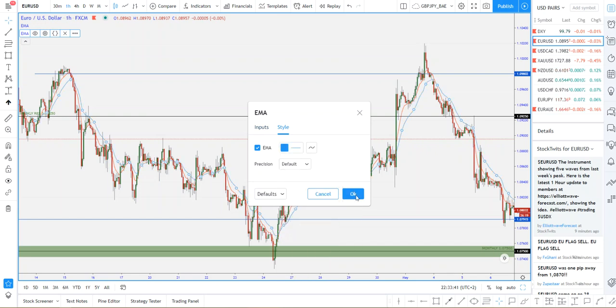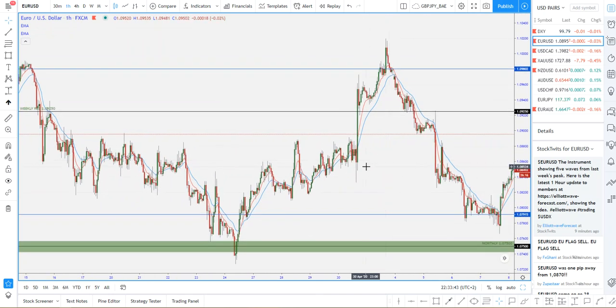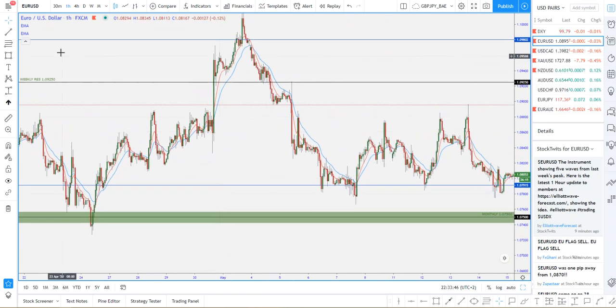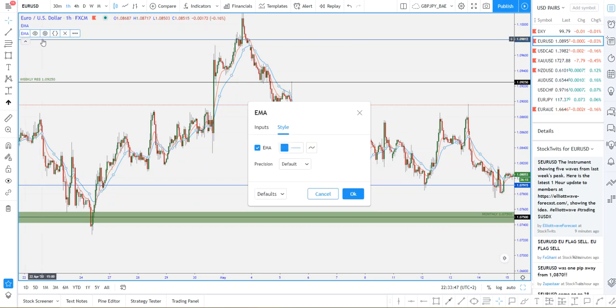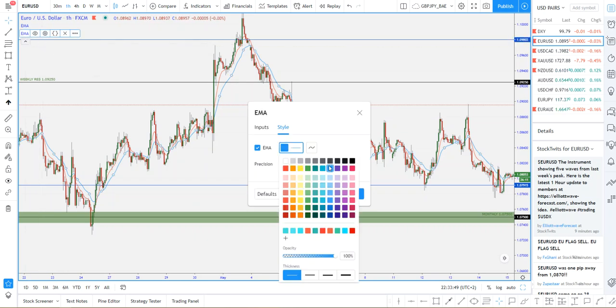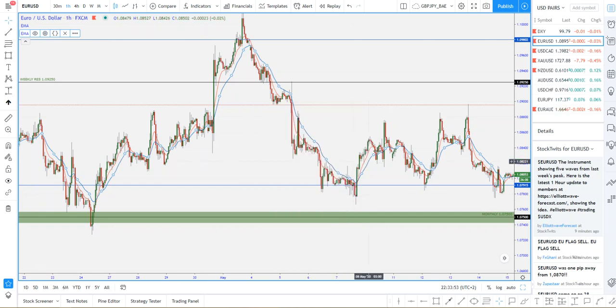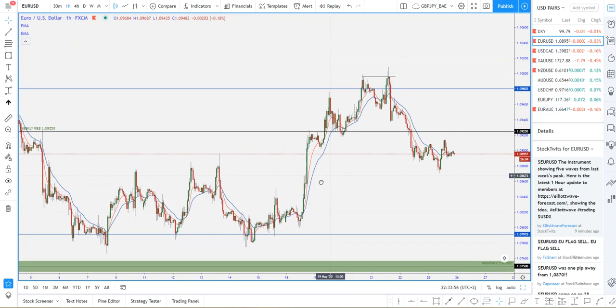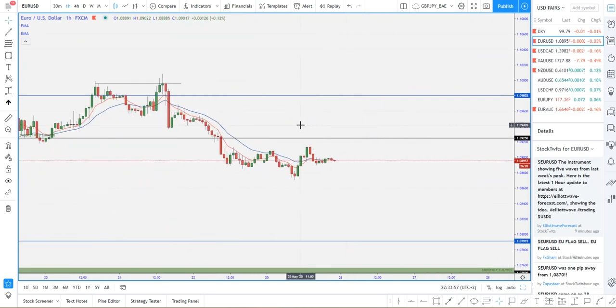So period 8 is red and period 18 is blue. These are the moving averages we will be using moving forward: periods 8 and 18, EMAs, exponential moving averages. These are the moving averages we will be using from now on.